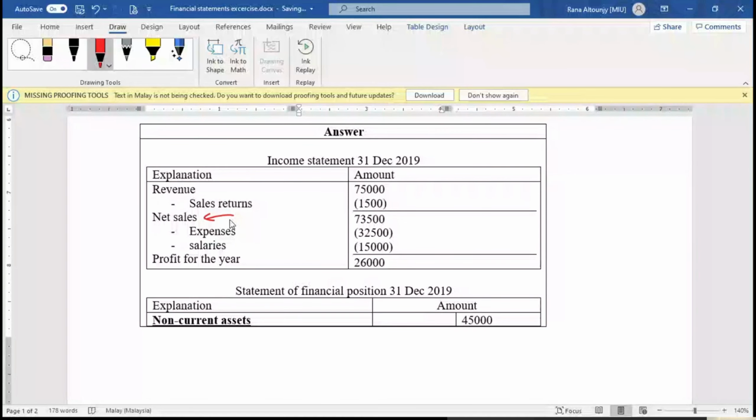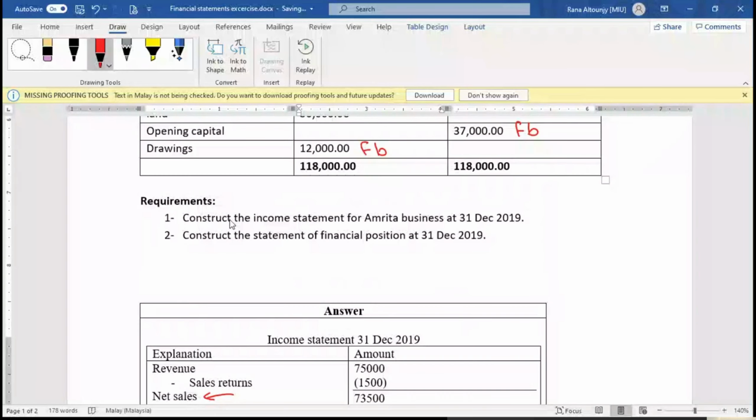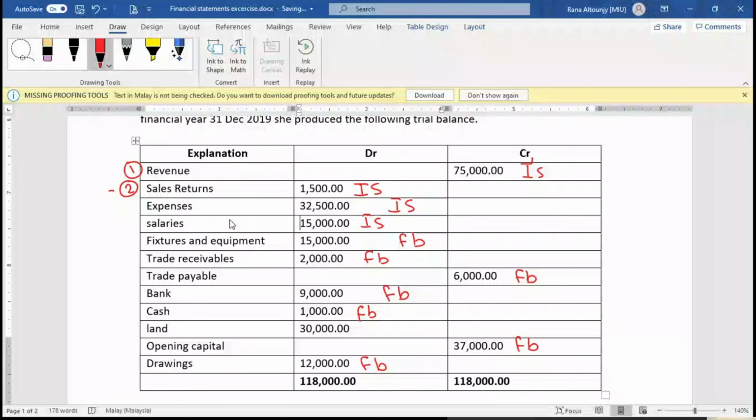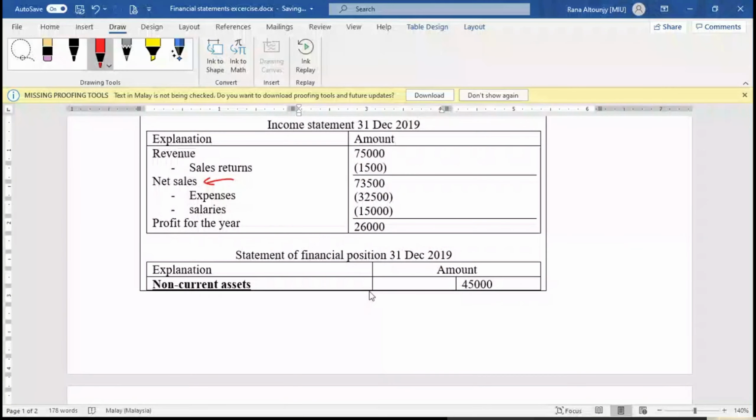Then we have to deduct the expenses, then the salaries. After deducting expenses and salaries, we reach the profit for the year.